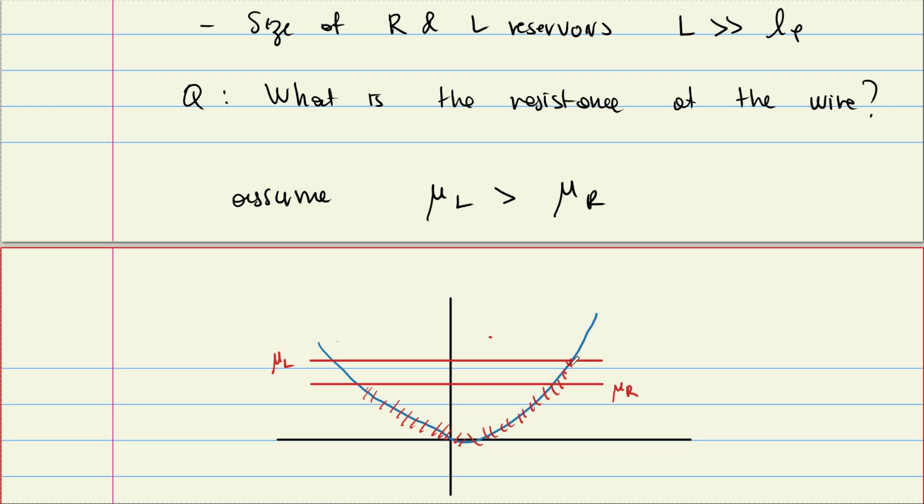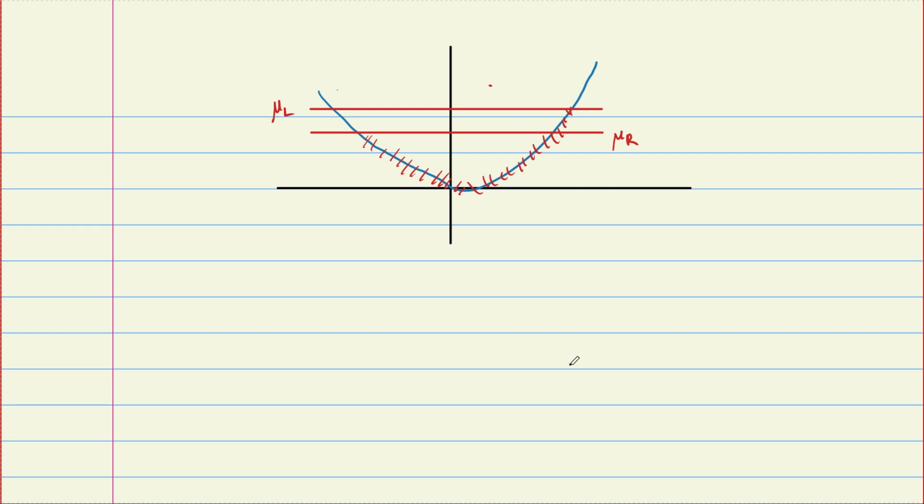Now let me try to write the current. The current is equal to, suppose we have two spin indices, so this is spin, and we need the sum over all subband indices from 1 to infinity, and we need to integrate over all possible k's, minus infinity to plus infinity, and this is the phase space volume.